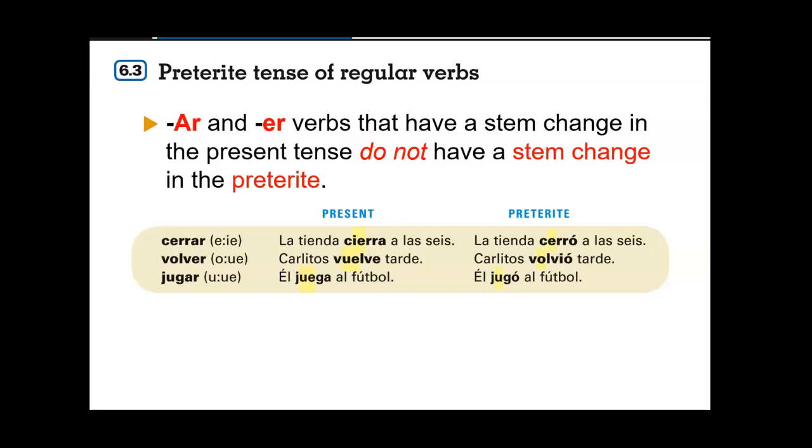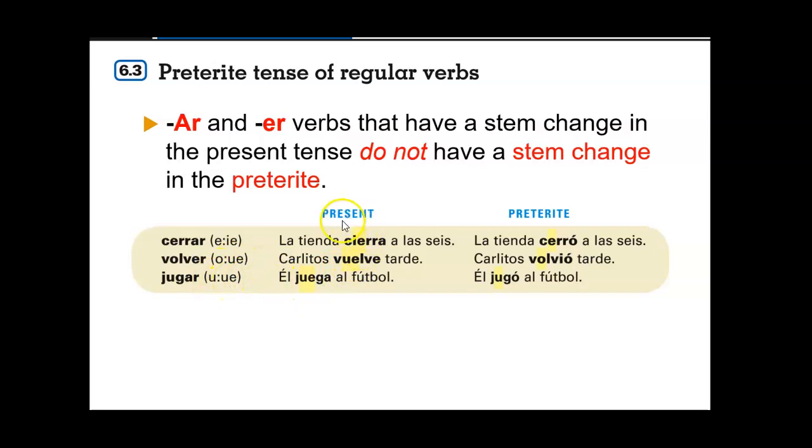AR and ER verbs that have a stem change in the present tense do not have a stem change in the preterite. If we look at this chart, remember that it'll tell you if it's a stem changer: e to ie, o to ue, and u to ue.